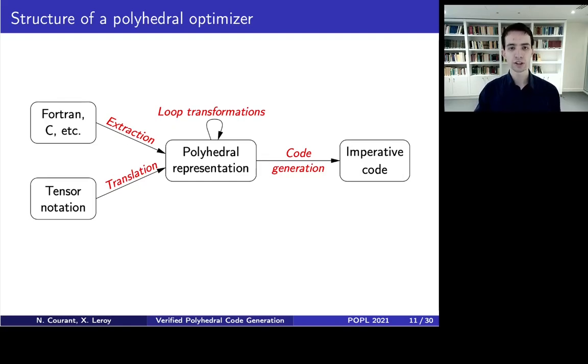This has been done quite a lot in recent years, such as TensorFlow, tensor comprehensions, etc. On the polyhedral representation, we can do loop optimizations, as I said earlier. The final step is code generation from this optimized polyhedral representation to classical imperative code with counted loops, which can then be fed into the backend of a compiler.